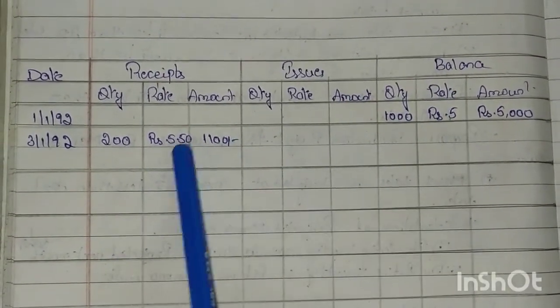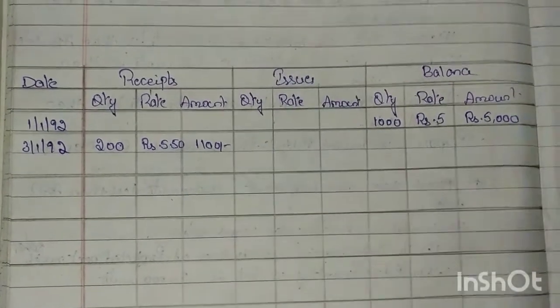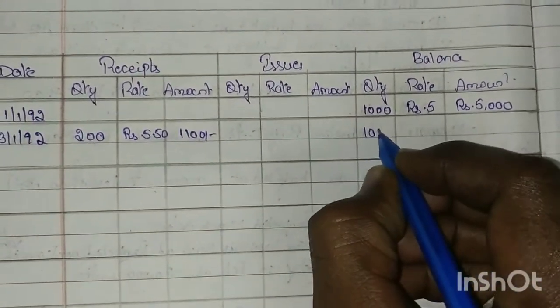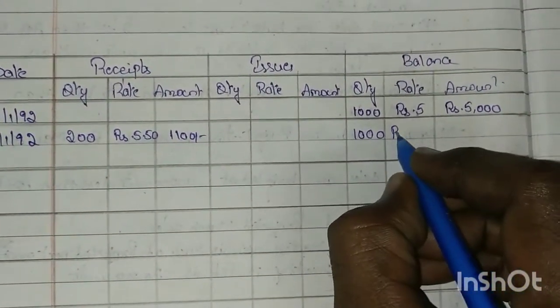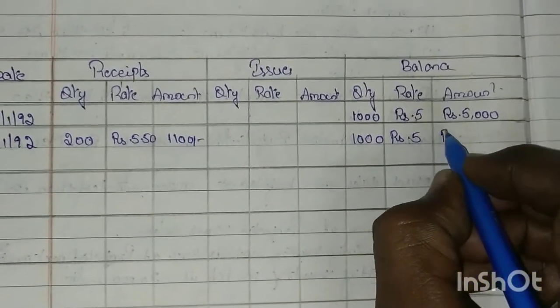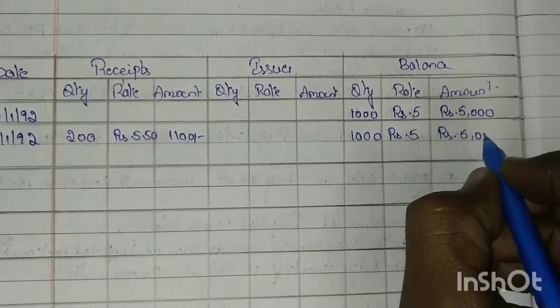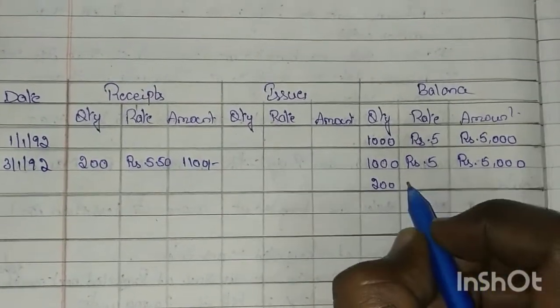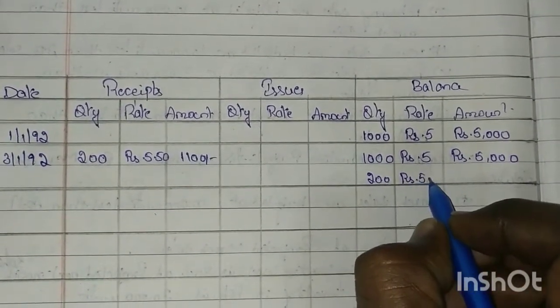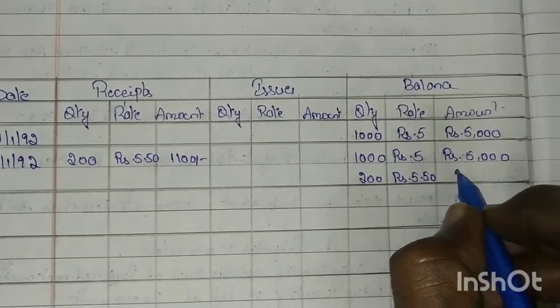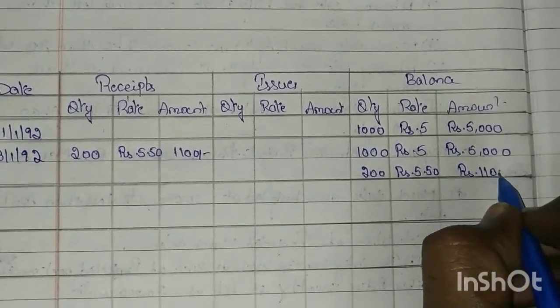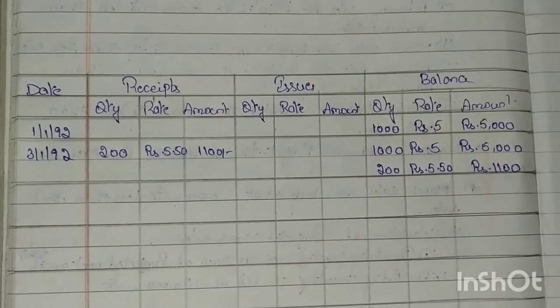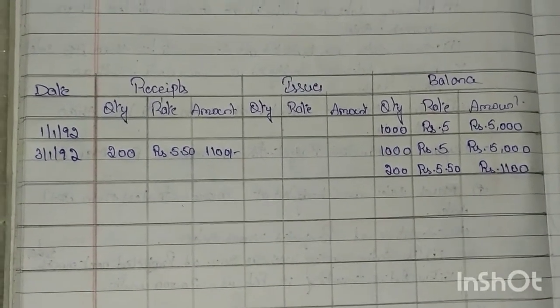So two different rates, and we have to write the balance separately. Previous balance as usual 1000, rupees 5 and rupees 5000, and the newly purchased balance 200 units, rupees 5.50, and the amount will be 1100. This is how we will write the balance amount.